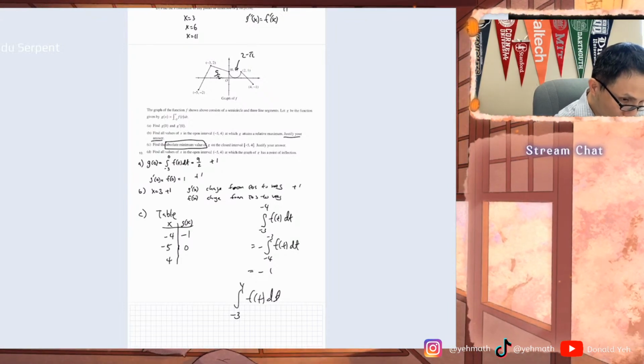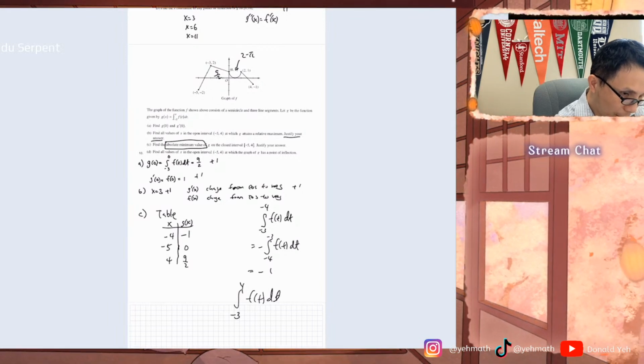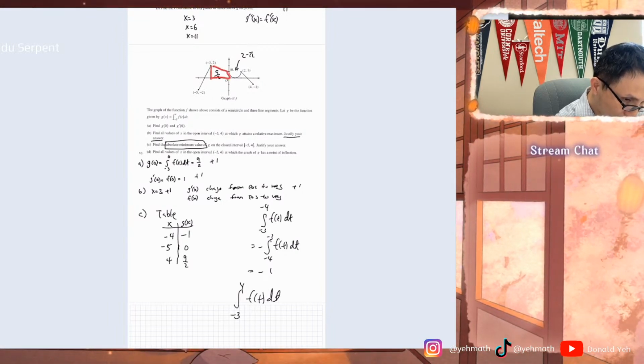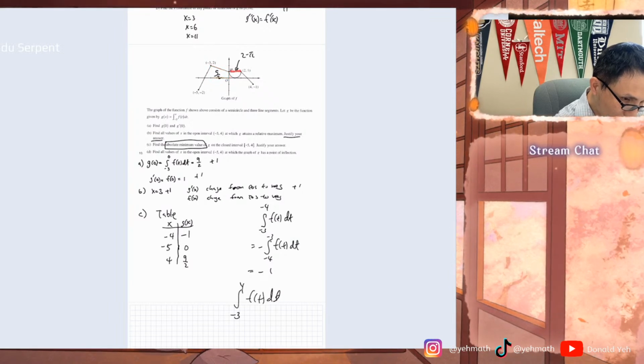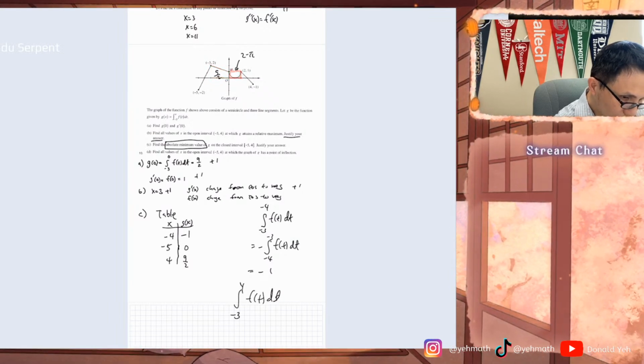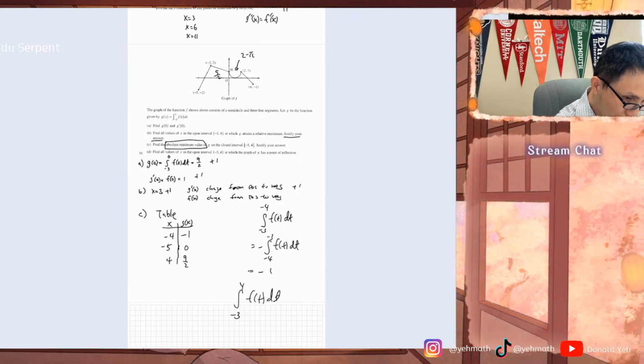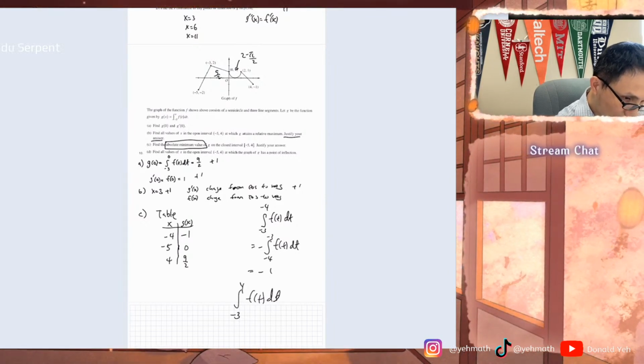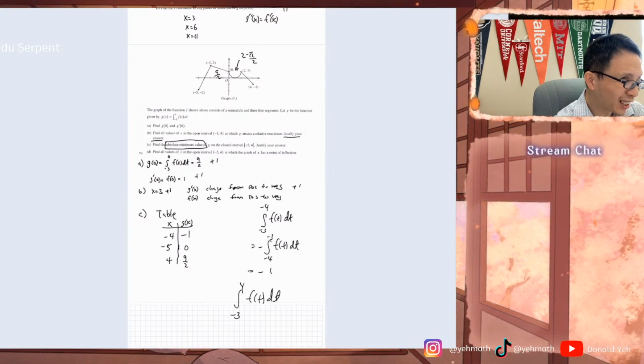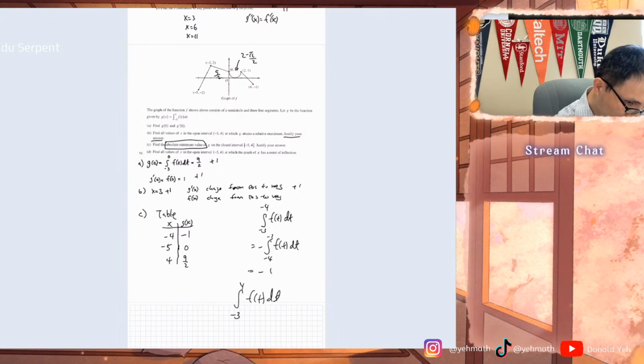So at 4, what happened? You're going to get 9 over 2, which is all those things above the x-axis here. And here it's not 2 minus pi, it's 2 minus pi over 2. So it'll be 4.5 plus 2, which is 6.5.